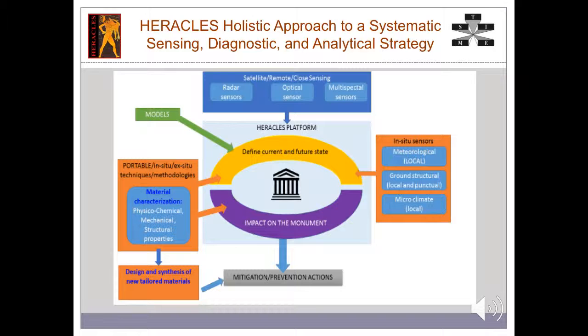Going back around the other way, as I mentioned before, models are an important part of this because models provide a predictive aspect. So, for example, predicting what the impact of severe rainfall would be on a particular site might take advantage of hydrological models that predict where the water flow will go based on the terrain models.